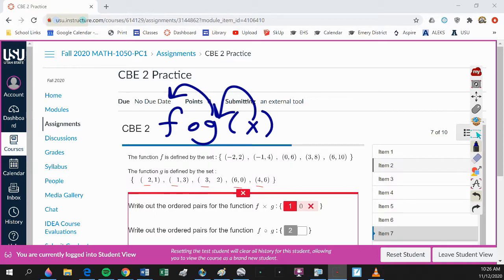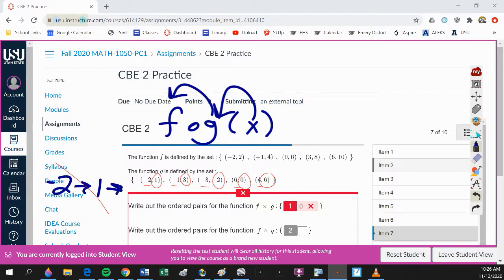Okay? And then I take the answers of g and I plug those into f. But some of them won't work because f is a very small function. So -2 gets turned into 1. Does 1 get turned into anything on the f side?